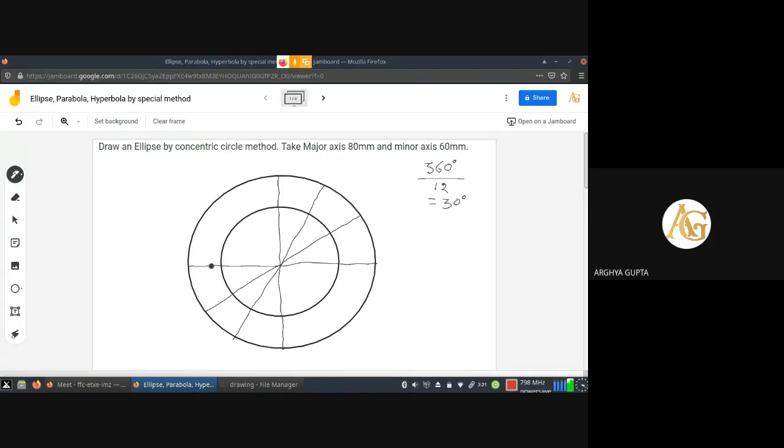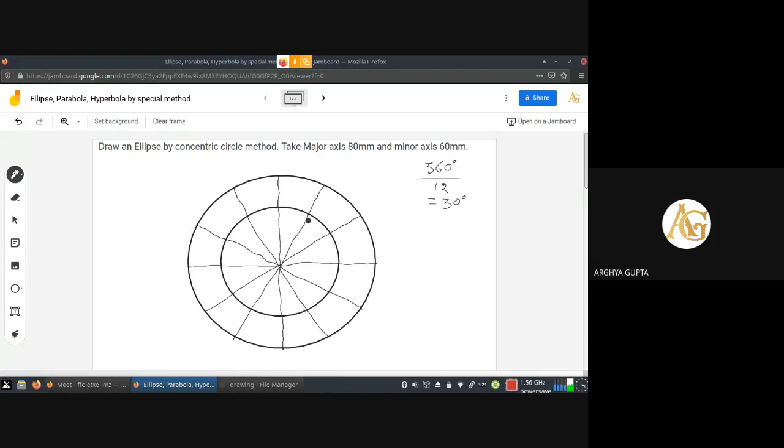Again with this line, we make a 30 degree angle and draw a line through the center. Again, with this line, I draw another 30 degree line. So now you can see the circumference of the circle has been divided into 12 equal parts.